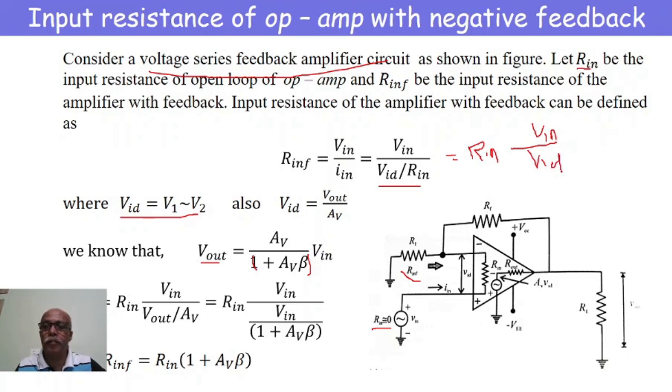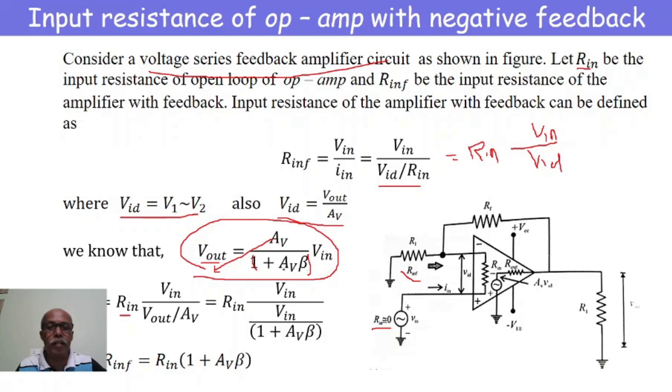Vin by Vid, and therefore that is Rin into Vin divided by Vid, which is nothing but Rin into Vin whole divided by V out by AV. From this relation, V out by AV, I bring AV here.